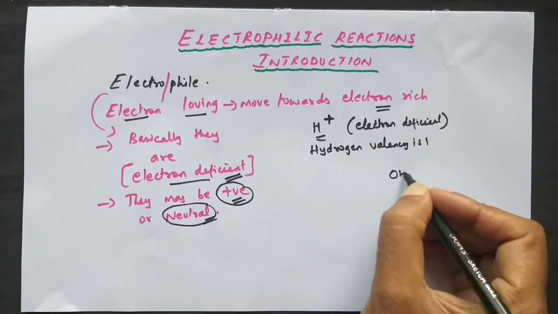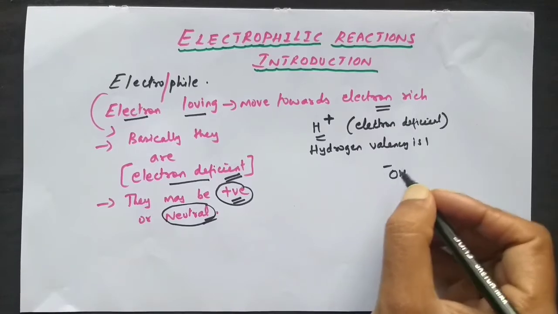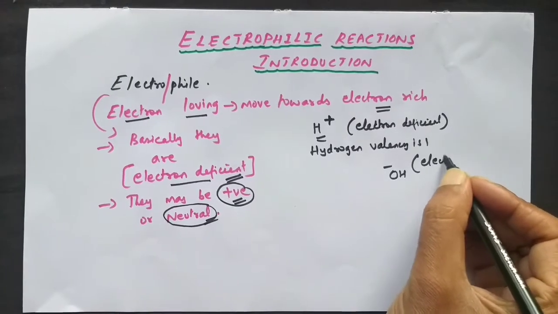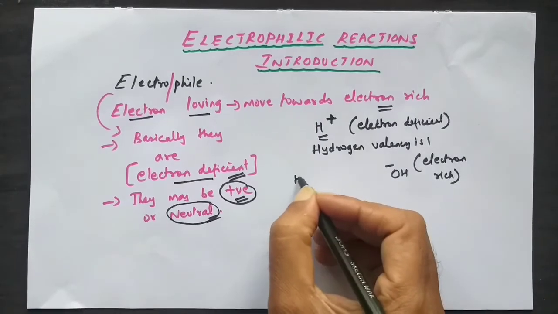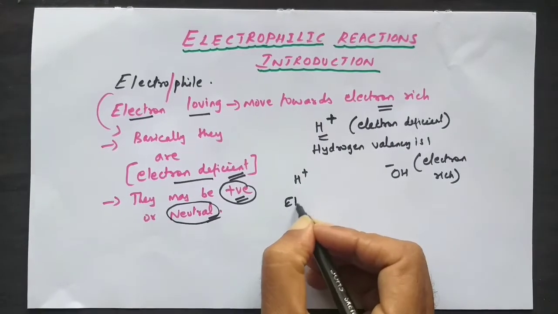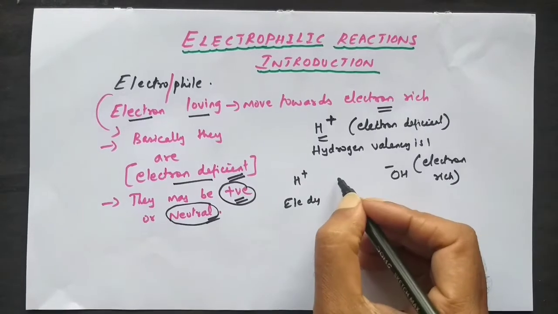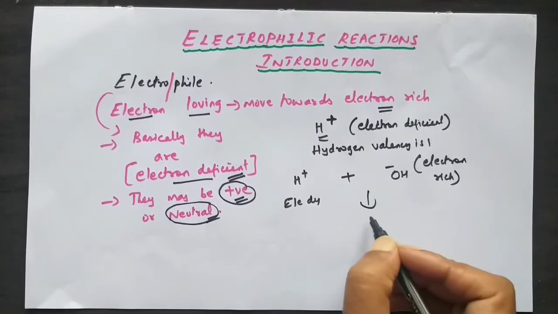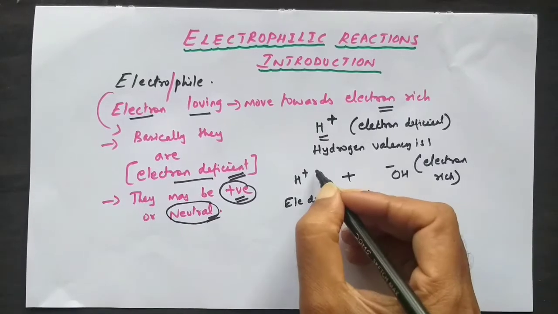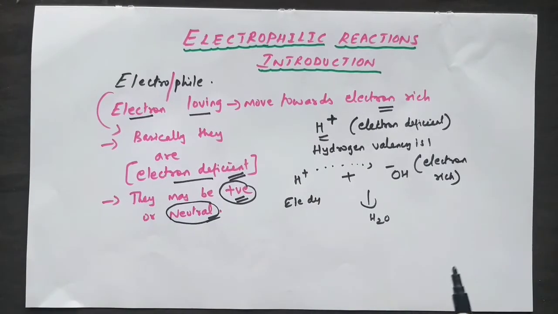Suppose you take OH minus; because minus is there, it is electron rich. H plus is electron deficient, so H plus will move towards the OH minus, or they will react with each other to form a water molecule.